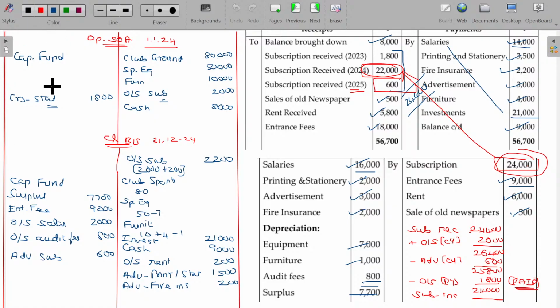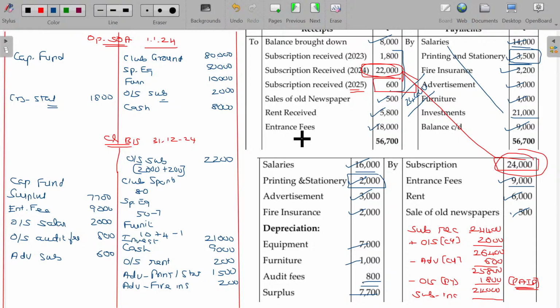And creditors for stationery. Is there any stationery related expenses? Yeah. Printing and stationery. Now you have to adjust that one also. I missed this one, so I'm going to adjust this. Printing and stationery payment is 3,500, and printing and stationery 2,000 is paid.